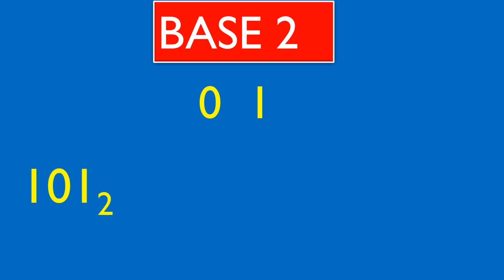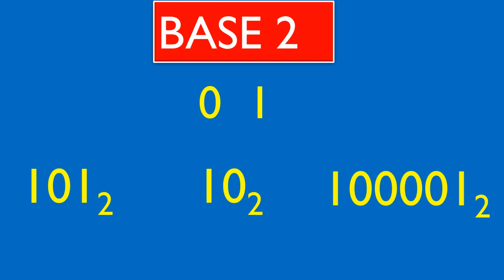Now, base 2 numbers are commonly used in computer numbering. Here you have 101, all in base 2. You see that all the individual components are less than 2.